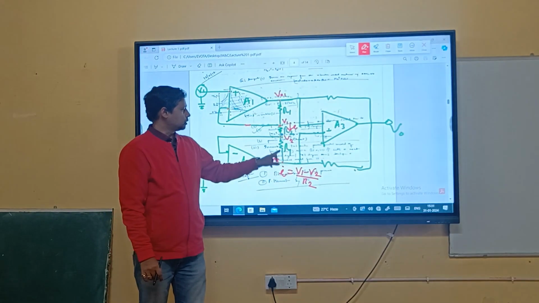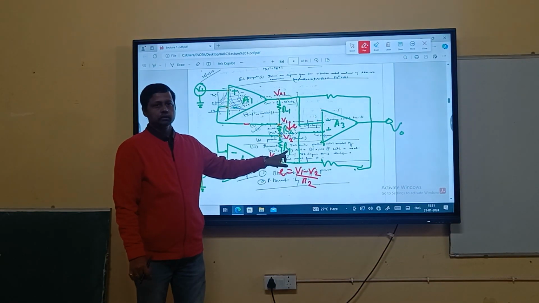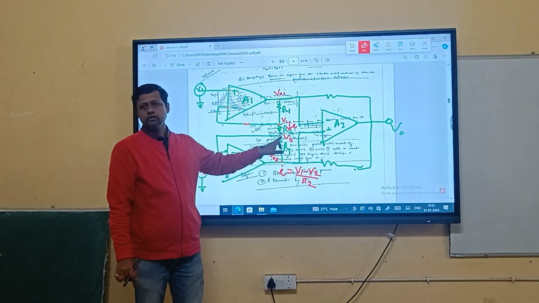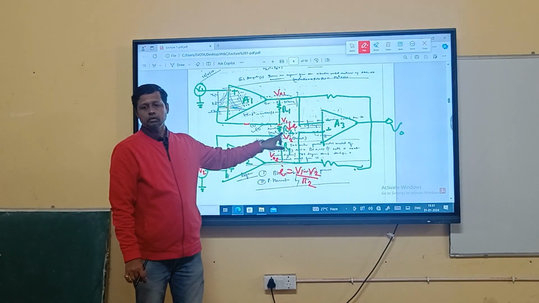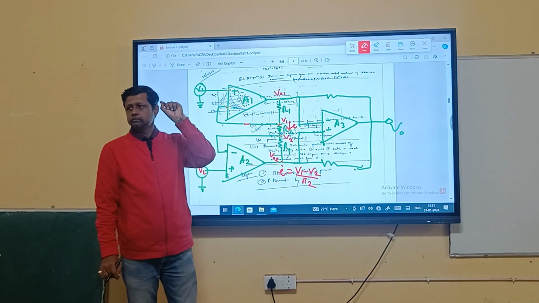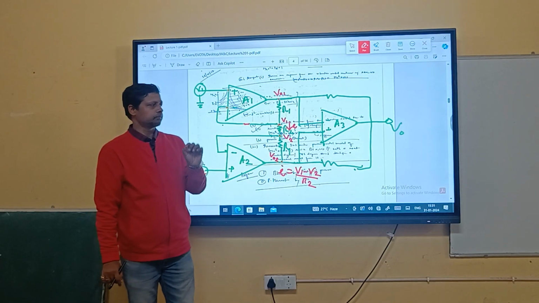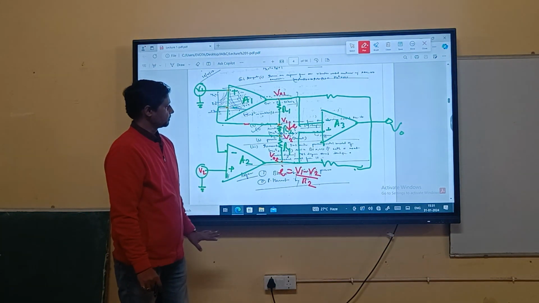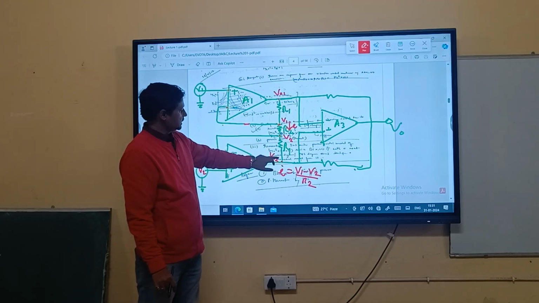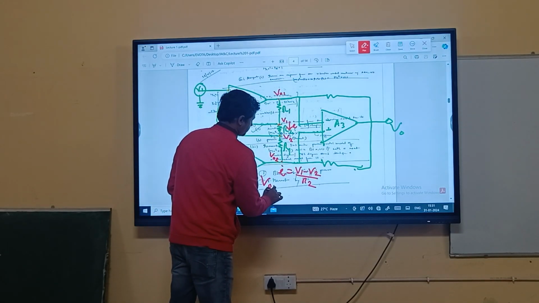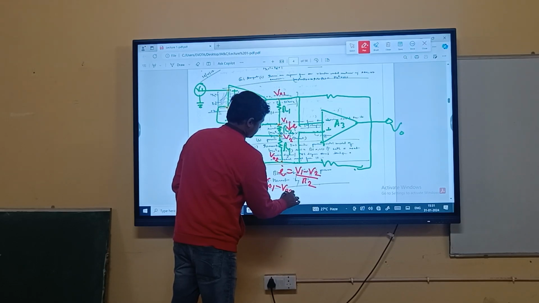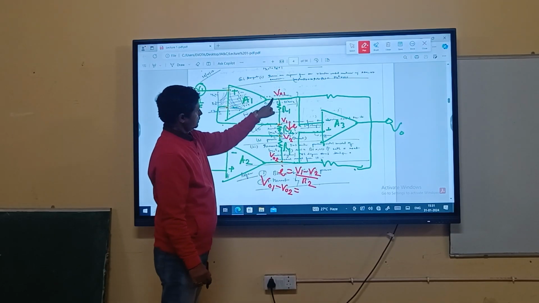Whatever amount of drop you can calculate from here: if this resistance value is very high, there will be a considerable drop. If it is very low, there will be hardly any drop. Another thing I will do is calculate this, though that is also not my objective: V01 minus V02, this minus this.